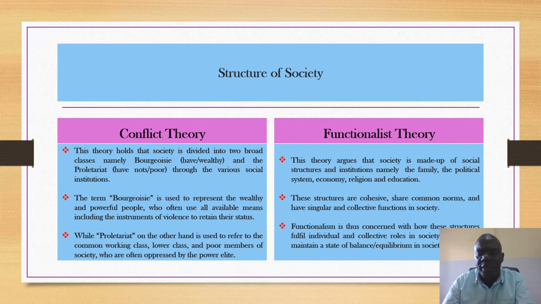That is the conflict theory, by marginalizing others and perpetuating the positions of the privileged class. While the other, that is the functionalist theory, looks at these structures in terms of what they're doing to advance society forward. So that's also an important difference that exists between conflict and functionalist theory.